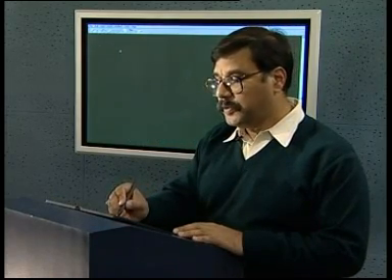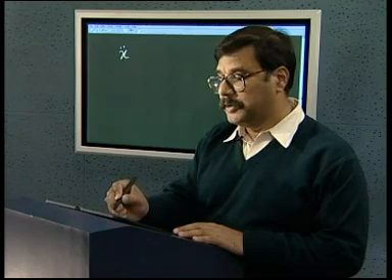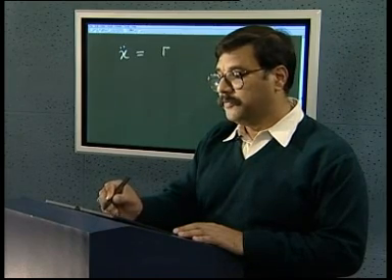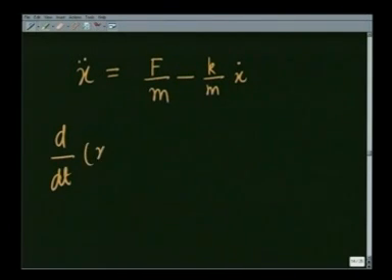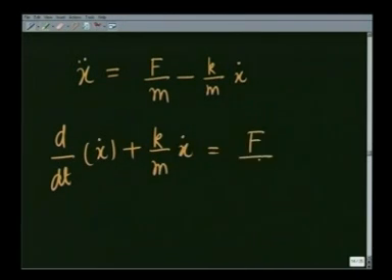If I rewrite the equation, it comes out in the form x double dot is equal to F over m minus k over m x dot, or d over dt of x dot plus k over m of x dot is equal to F over m.